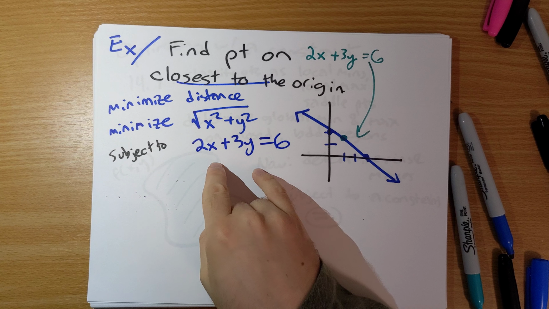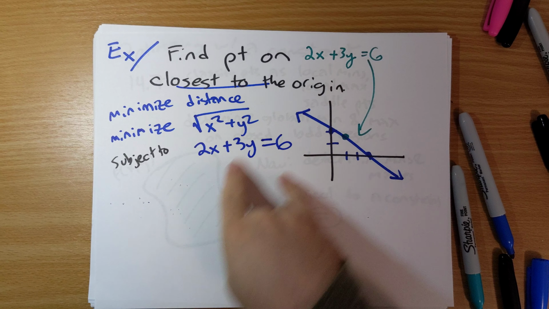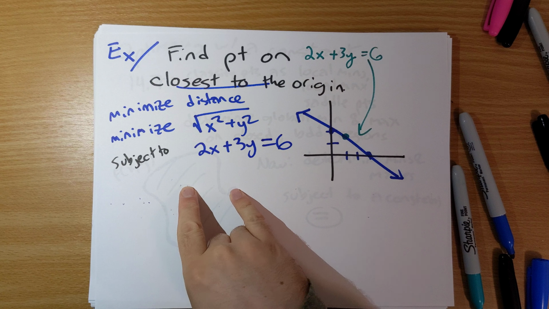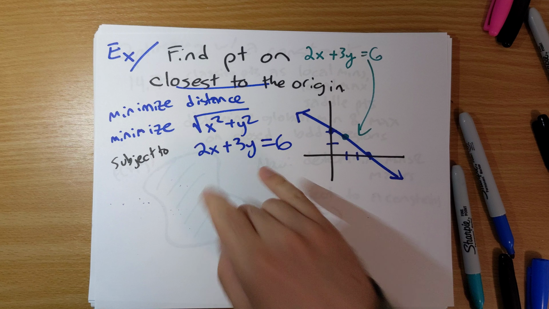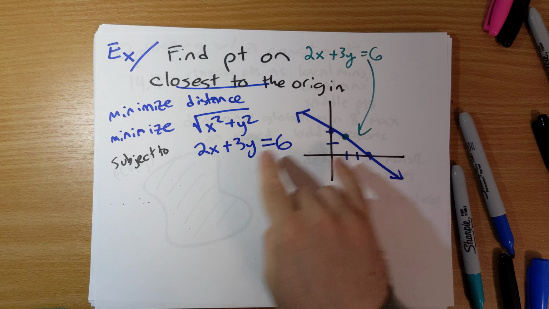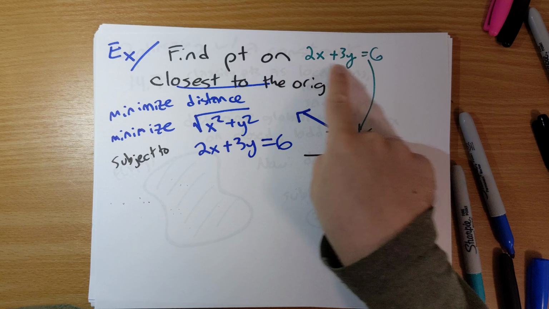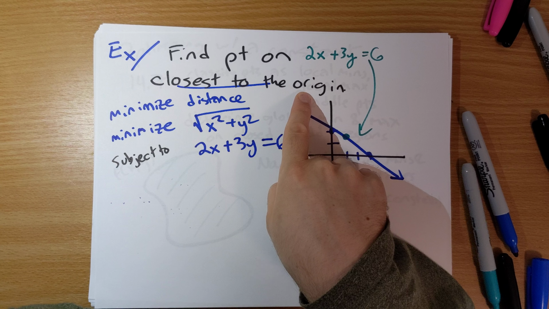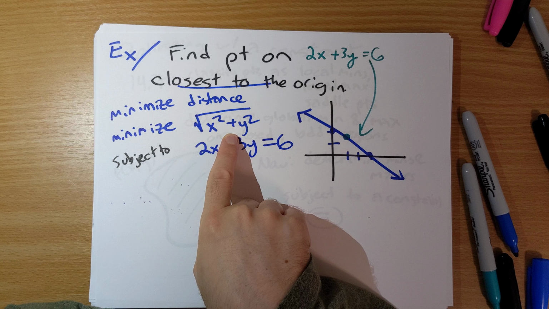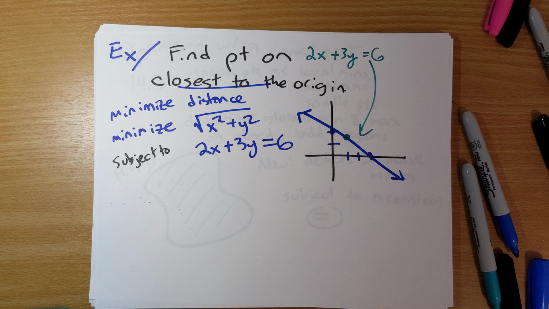Let me point out that there's ever so slightly a difference between this and this. This is talking about finding the point that gives you the closest distance. This is saying find the smallest distance, but those are essentially two different ways to look at the same problem here.